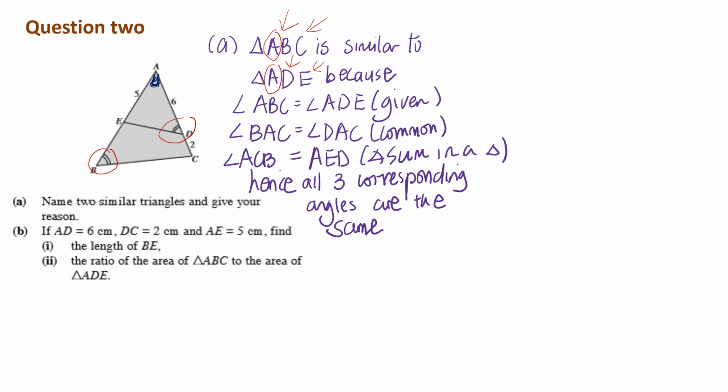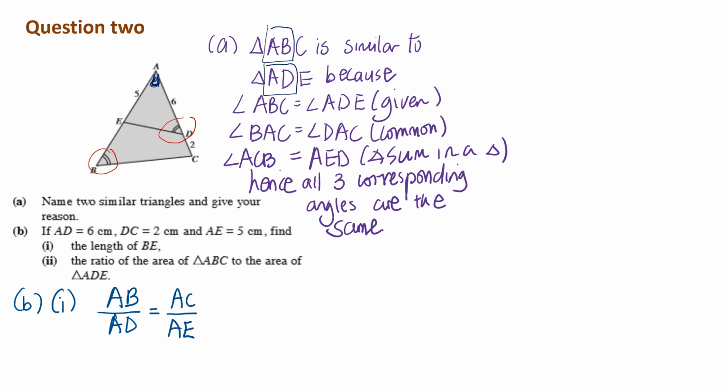Okay, so let's look at B part I. For B part I, I can just compare AB over AD equals AC over AE. Once you have arranged the triangles such that the corresponding angles are the same, our job is very much lightened, meaning AB will correspond to AD.